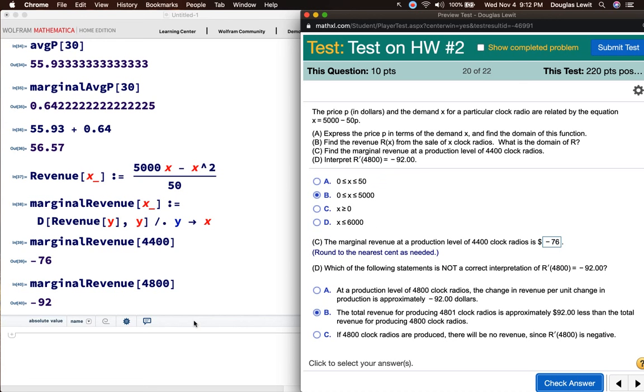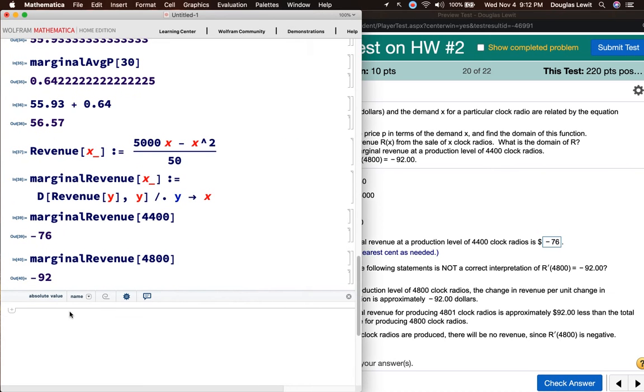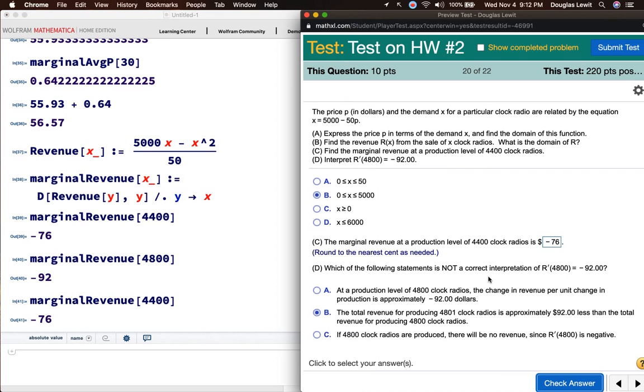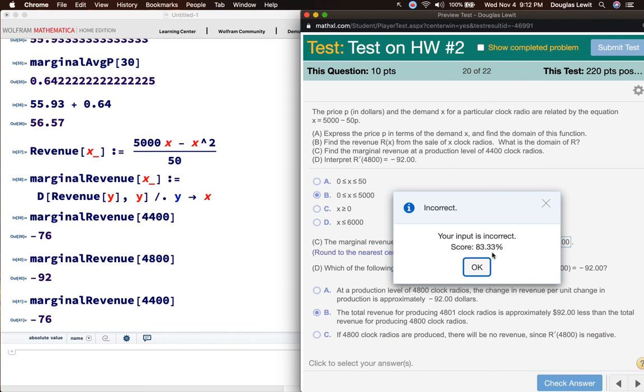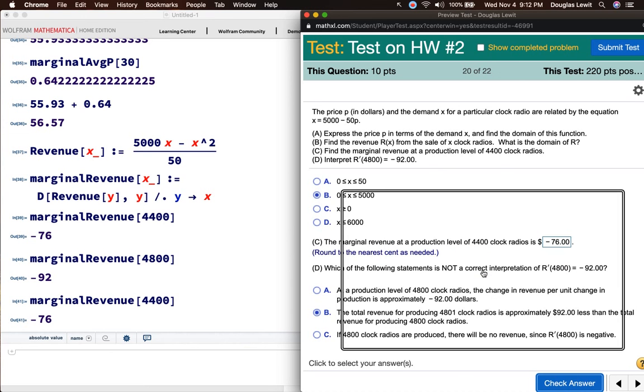For some reason, let me check one thing over here. Oops, wait a minute. Marginal revenue of $4,400. Okay, that should be correct. Negative 70, well, maybe I'm supposed to add two zeros over here, but I don't think that would really change anything. Okay, so Pearson is still giving me 83.33% on this question, which is a little bit strange.